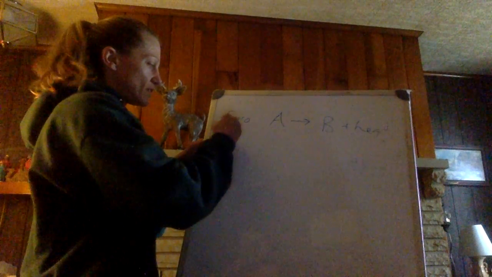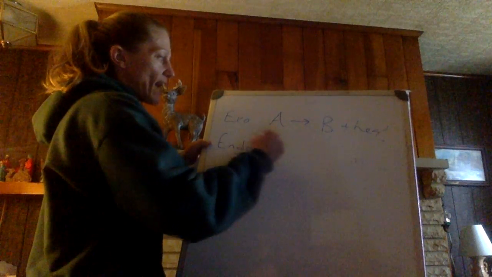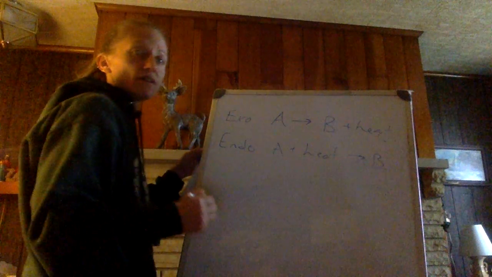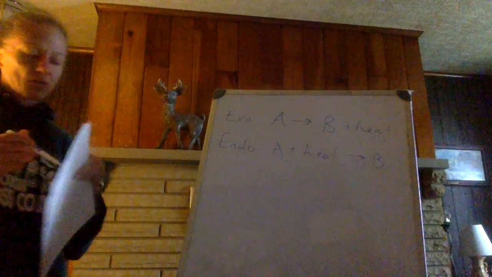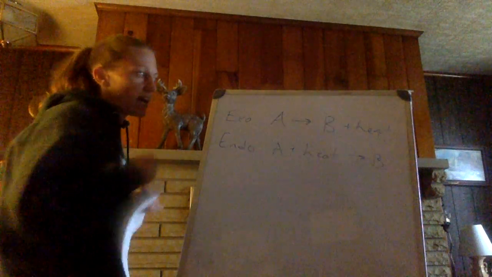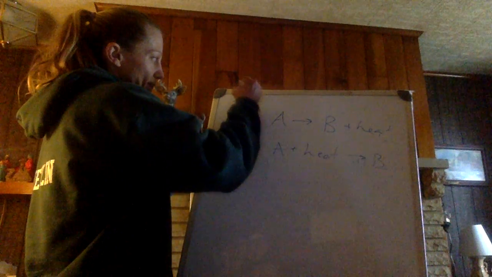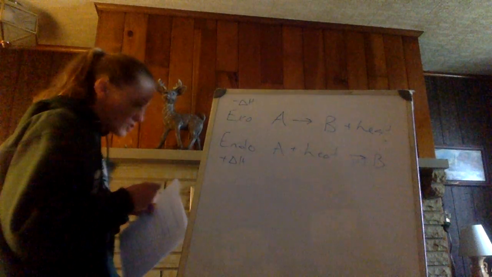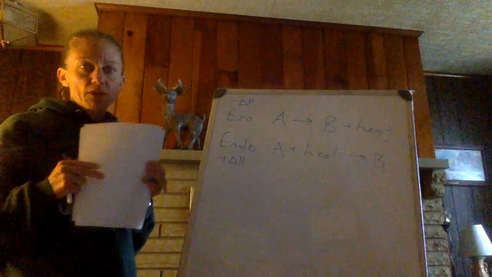Heat's produced. In an endothermic reaction, A plus heat yields B. So for an exothermic reaction with a negative delta H versus an endothermic reaction with a positive delta H, it's going to affect which way your equilibrium shifts.